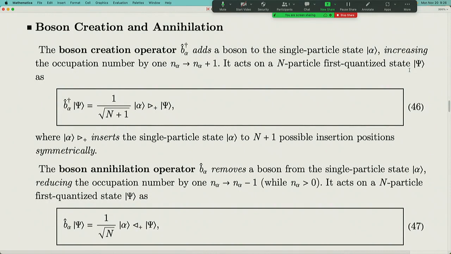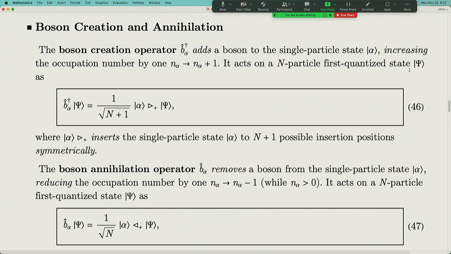Okay, so with this general rule in mind, we can talk specifically about the boson creation and annihilation operators. It is really just insertion and deletion other than a factor. So you can see it's already the same thing. This factor we will explain later. It is there to ensure certain normalization.